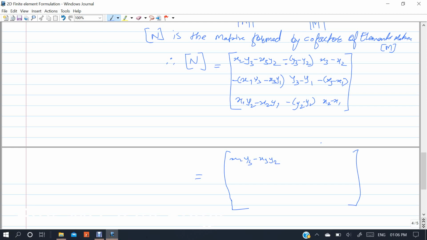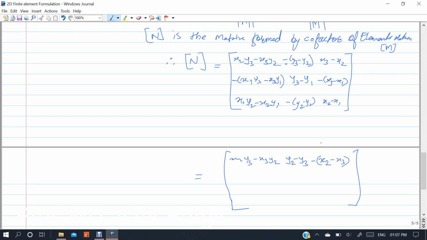This minus sign and this minus sign will become plus sign, so we'll take y2 minus y3, and x3 and then x2, so for that minus x2 and minus x3, okay.